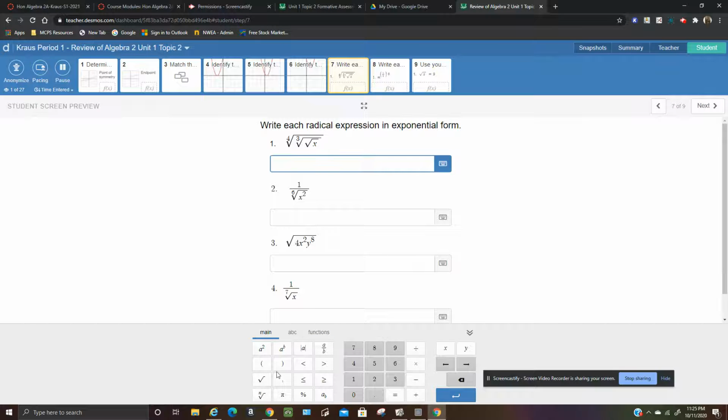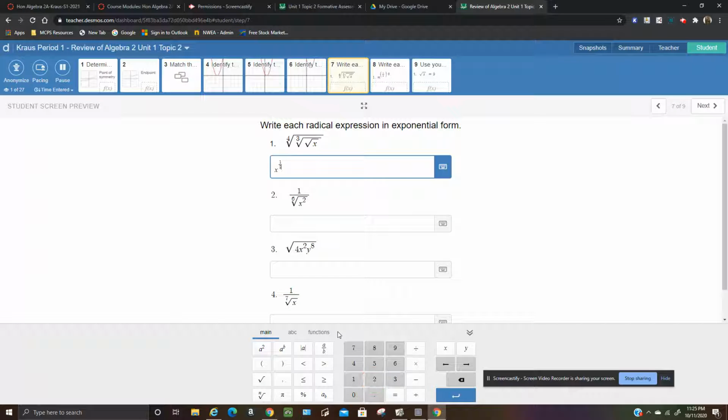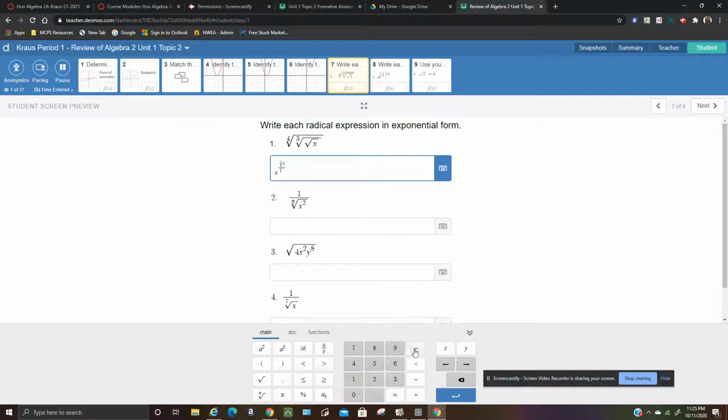Starting from the inside, we have x, and then the exponent for that is 1/2. And then the next exponent, let's see if I can just hit the cursor key here once. All right. And then a 1/3. That's not going to work.